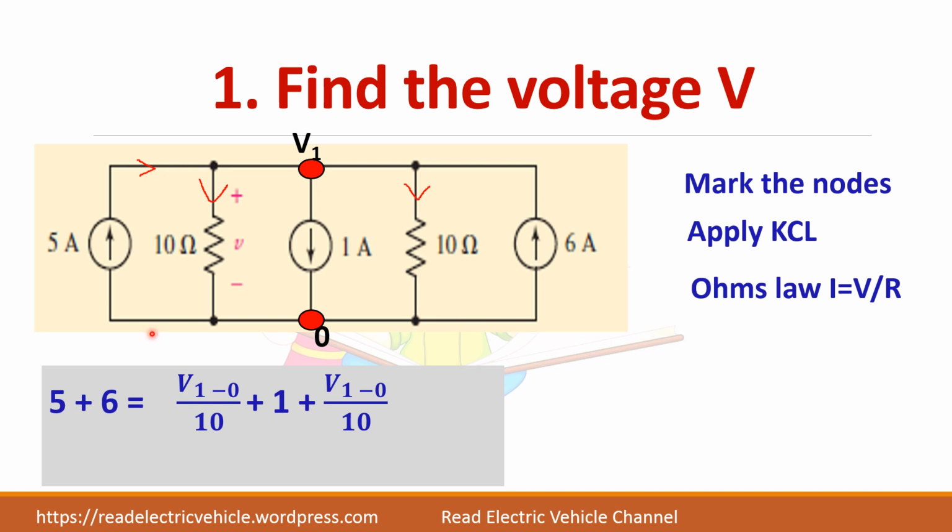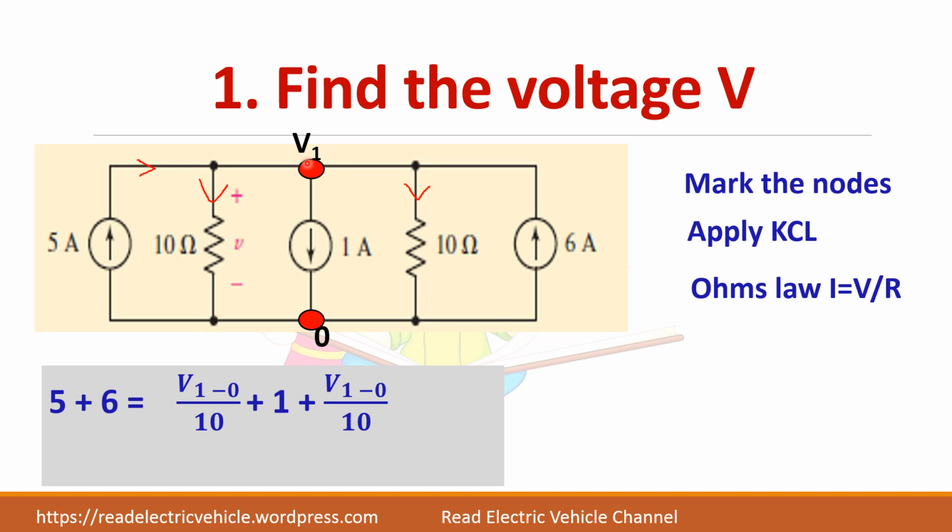If you take V1, what are the currents entering the node? This 5 amps is entering and this 6 amps is entering. So the sum of the currents entering the node is 5 plus 6. This should be equal to the sum of the currents leaving the node. So how to write the equation here?